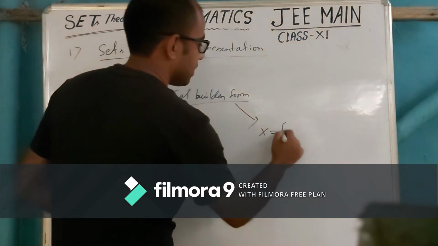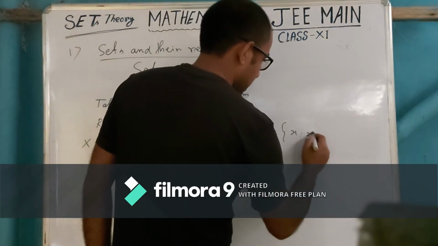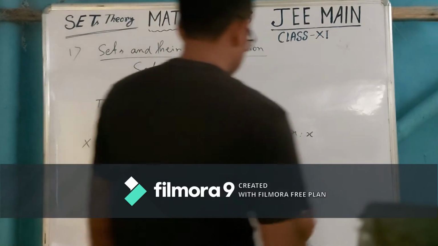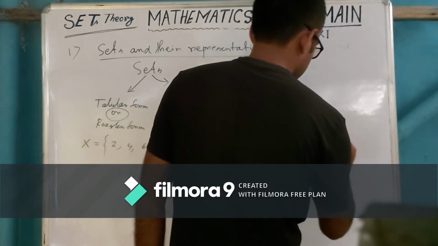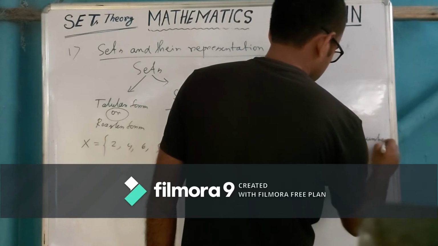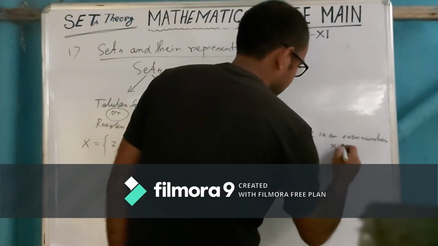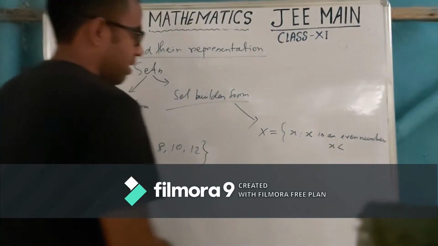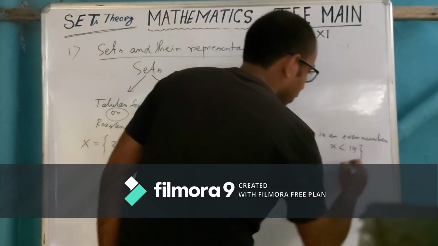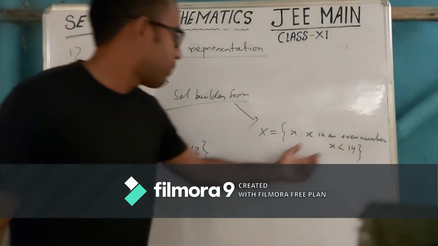We can also write this set in the form X is equal to {x such that x is an even number, x less than 40}. This is the set builder form.